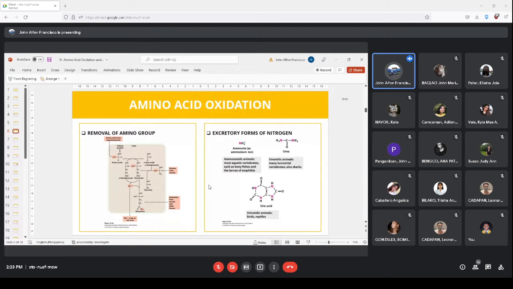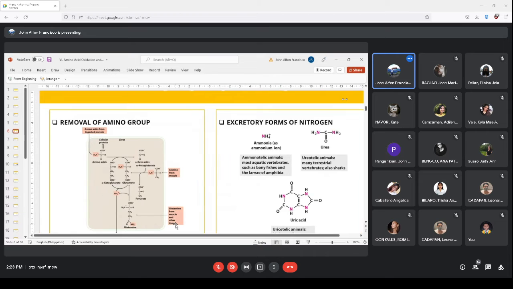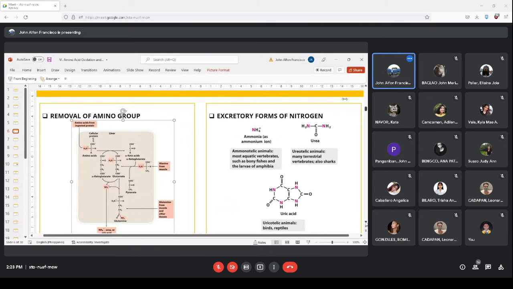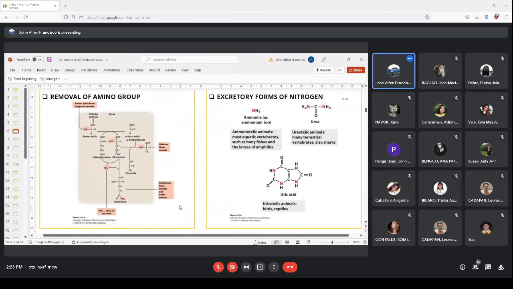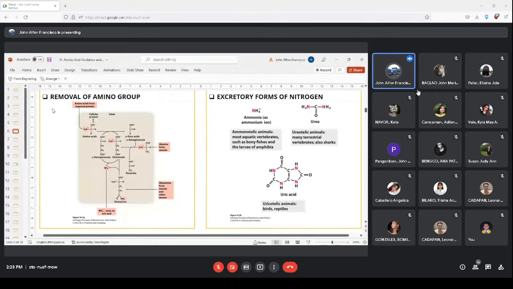So what happens first is the removal of the amino group of your amino acids. All right. So you have initially here your amino acid ingested in protein. Ayan.